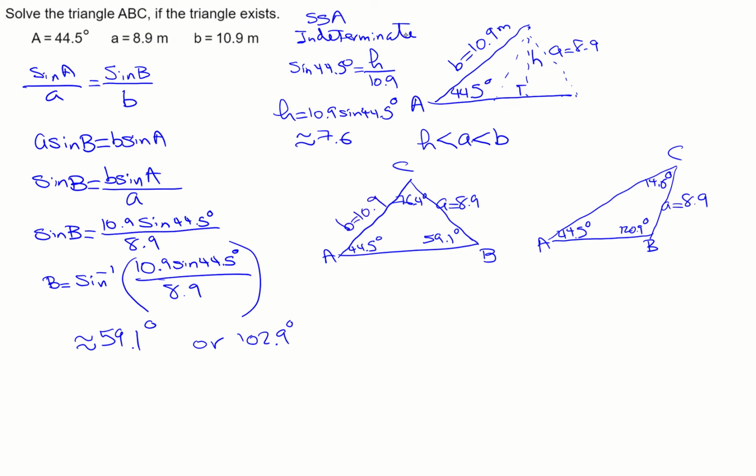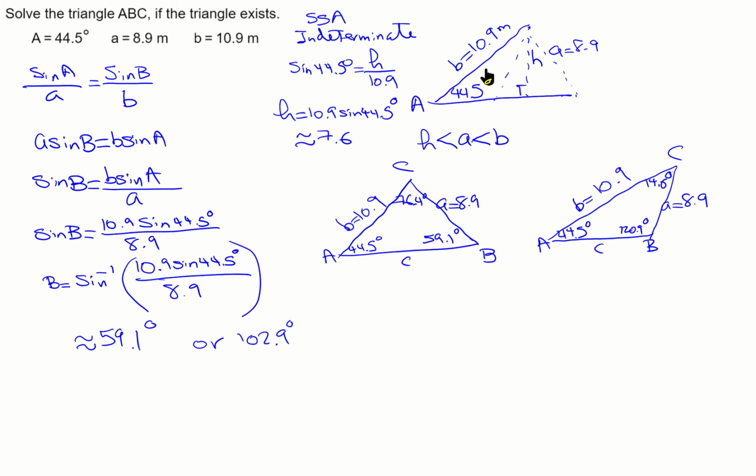I'm not putting the meters in, you know they're there. So just trying to save some time here. So 10.9. And the only real unknown, given that we have already found the angles C in both of them, is going to be the side C.